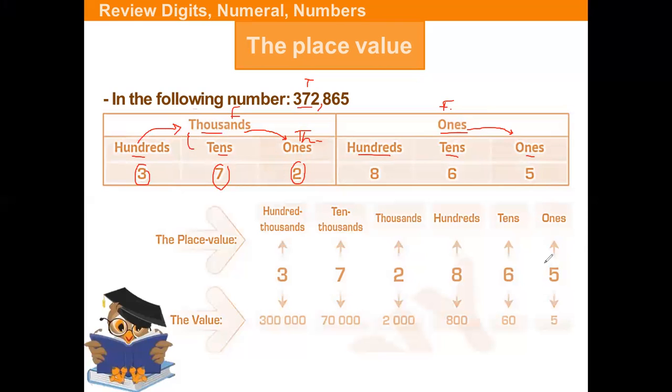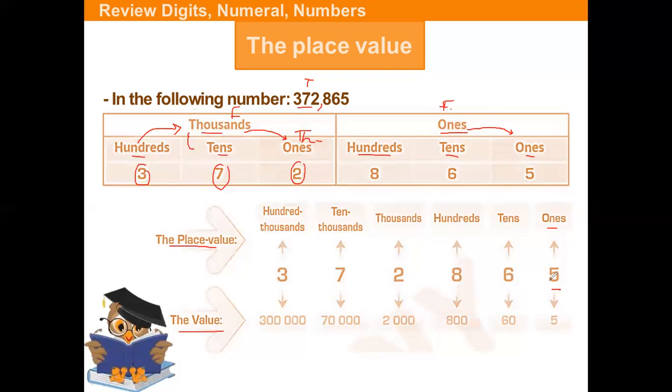Okay, what about here? So 5 is a ones. This is the place value of the numbers, and this is the value. Be careful: when I say place value, I need to write the place value in letters. When I say value, I need it with the zeros.